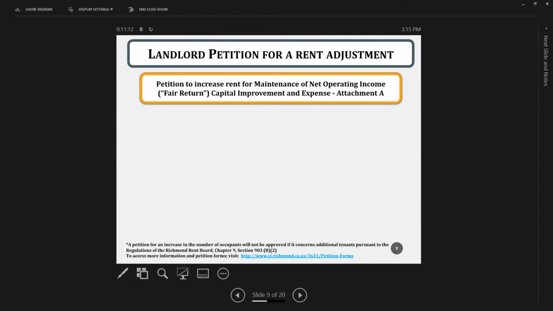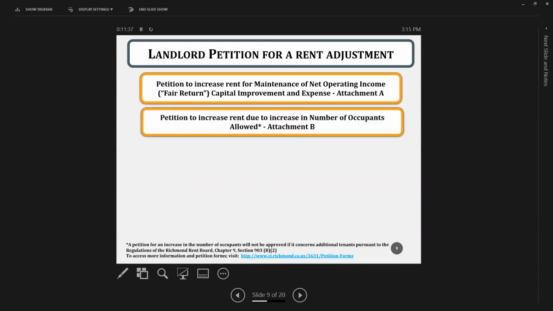It looks at income and expenses, pre and post rent control, to determine whether net operating income has decreased. The owner has the right to obtain net operating income equal to the base year, adjusted by the Consumer Price Index. It shall be presumed this standard provides a fair return, and we suggest maintaining all of your records.